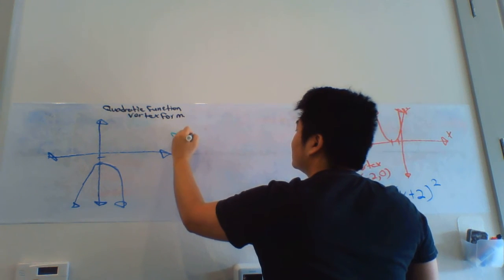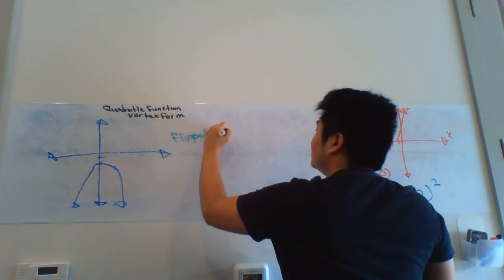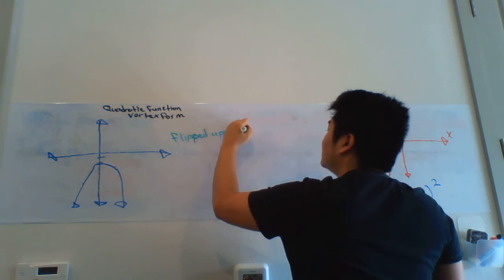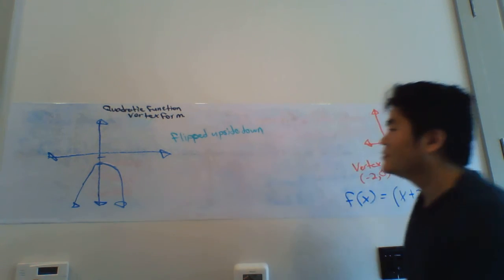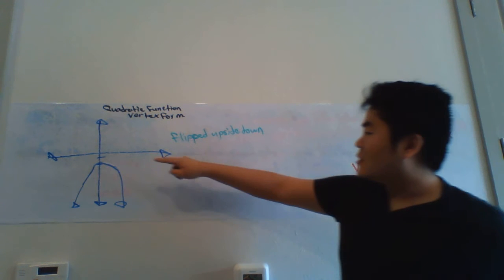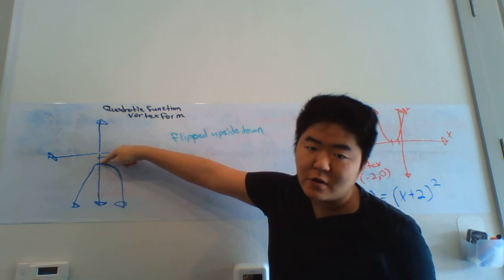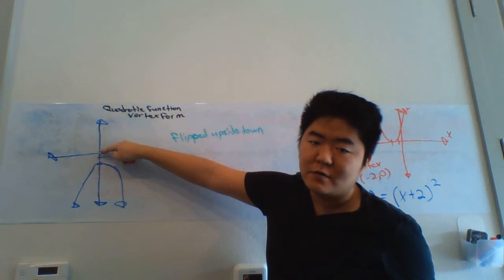Whoops, there needs to be 2 P's there. Flipped upside down, which is good. That's fine. And we also know that the vertex is 2 below, right? So I move 2 down.